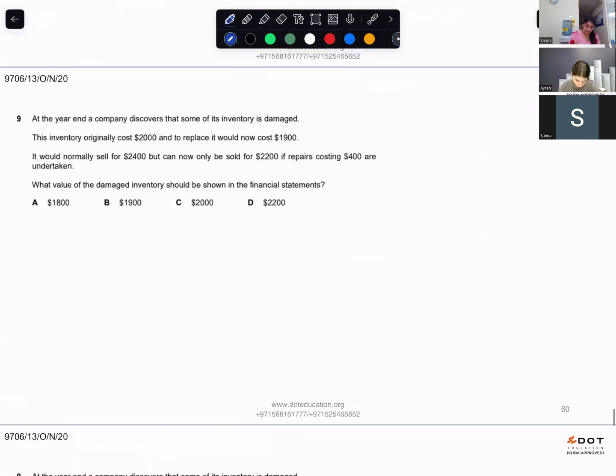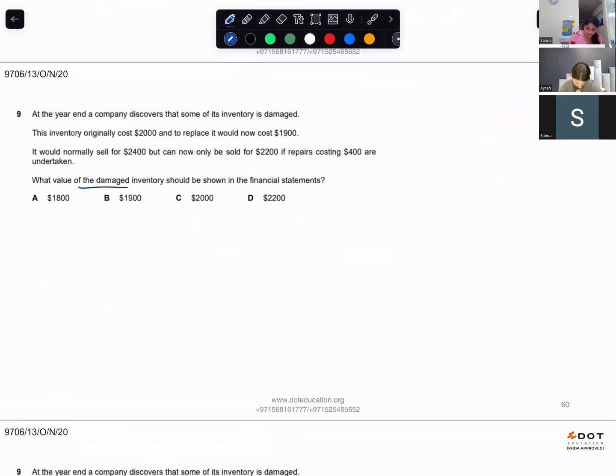What do they want? What value of the damaged inventory should be shown in the financial statements? Read the question. At the year end, a company discovers that some of its inventory is damaged.